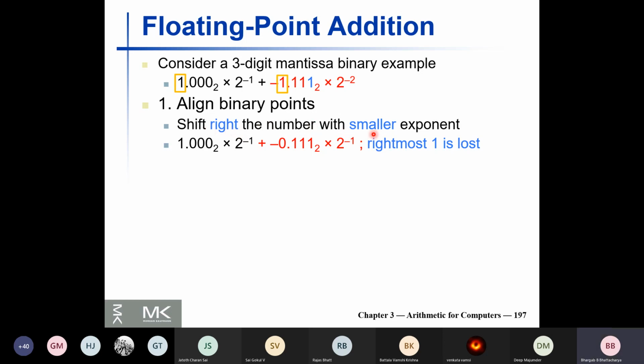Shift right the number with the smaller exponent. Now, as you see, I have 4 ones, but as I shift, my universe comprises a three-digit mantissa. So the rightmost bit, this blue one, is lost. Keep in mind that this bit is lost when I shift it.